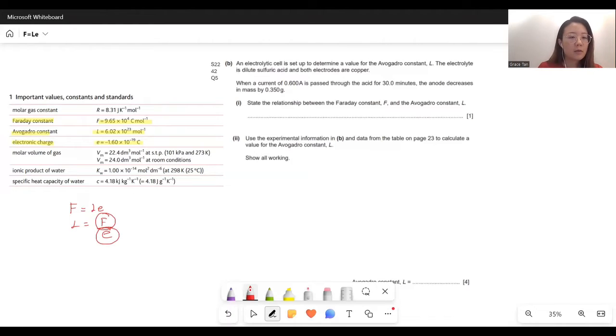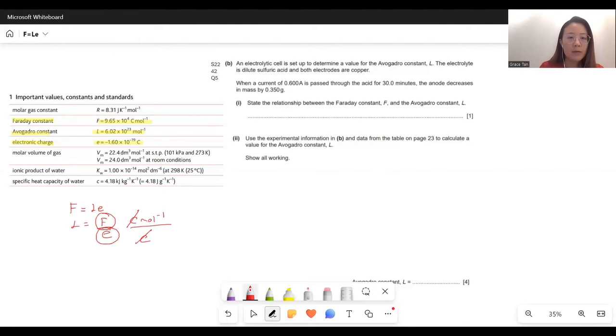That is how they get the Avogadro constant. If you look at the units, the Faraday constant is coulomb per mole divided by electronic charge, which is coulomb. So the coulomb on top and the coulomb at the bottom cancel off, and the Avogadro constant is left with the mole to the power negative 1 unit.